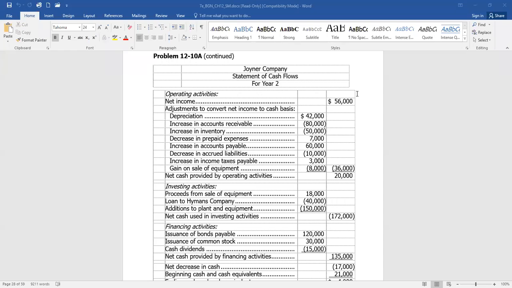Year 2, my property, plant, and equipment goes from, well, I don't even have to worry about that. Year 1's accumulated depreciation is $120,000. So you could think of that as being the credit side of the accumulated depreciation account.